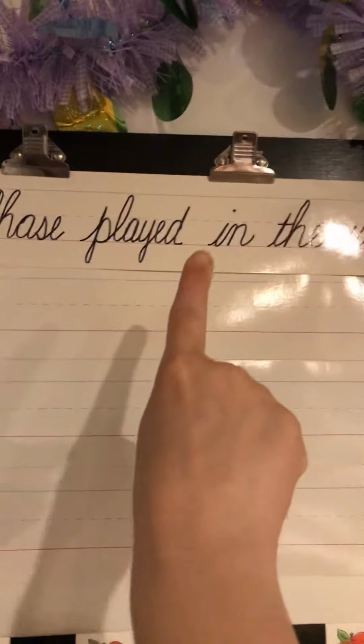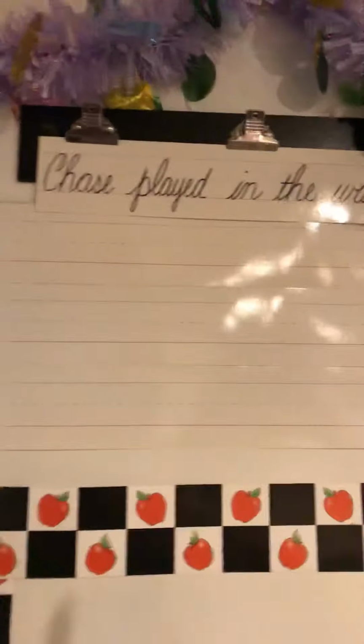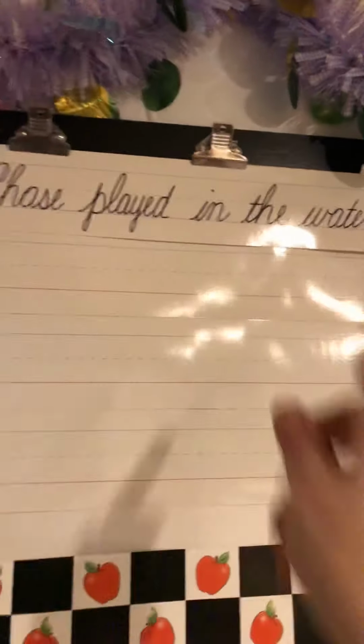Chase played in the water. Now take a look at this group of words. Chase played in the water. Do we know who did something? Yes, Chase. Do we know what he did? Yes, he played in the water. So, since we know who did the action and what action was done, that is a complete thought.